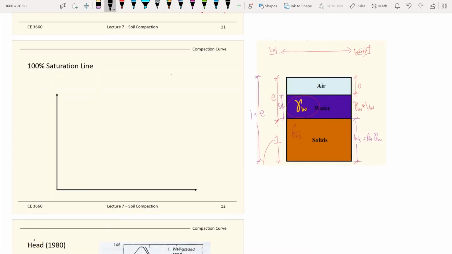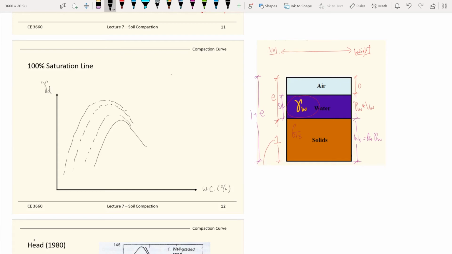Okay, 100% saturation line. For the compaction curve, we learned previously the x-axis is the water content, and the y-axis is the dry unit weight. And this is our compaction curve. We learned that if we keep increasing the compaction effort, the compaction curve will move that way. You will keep going this way and this way.